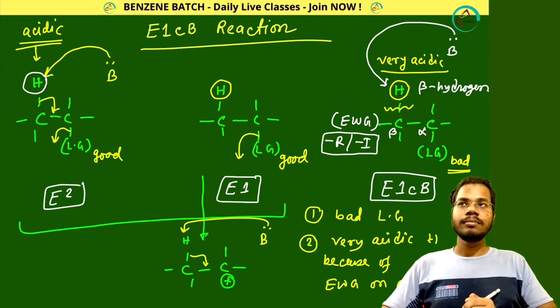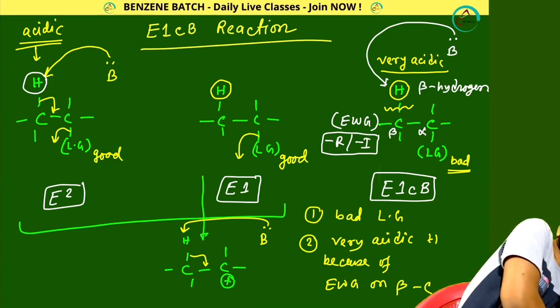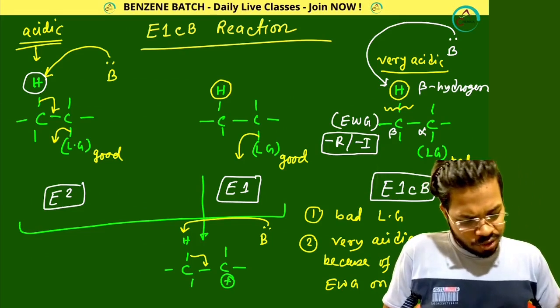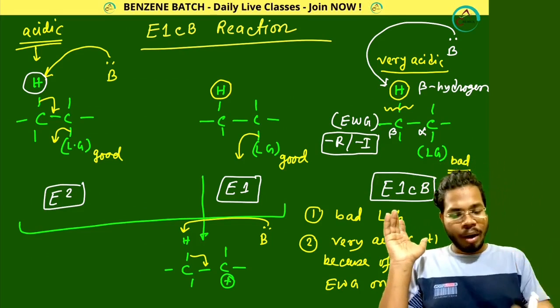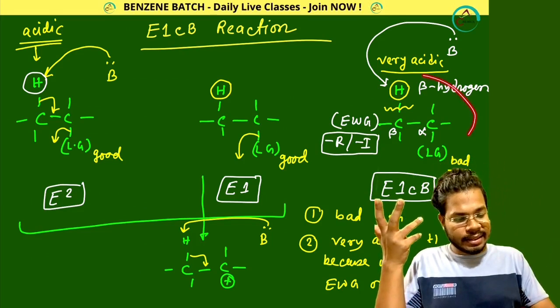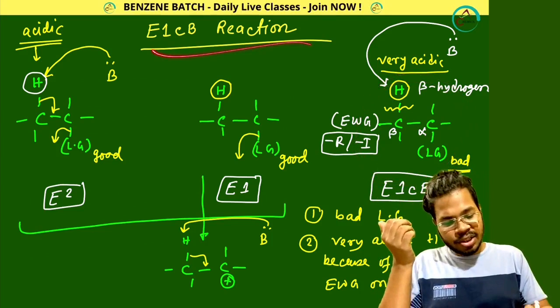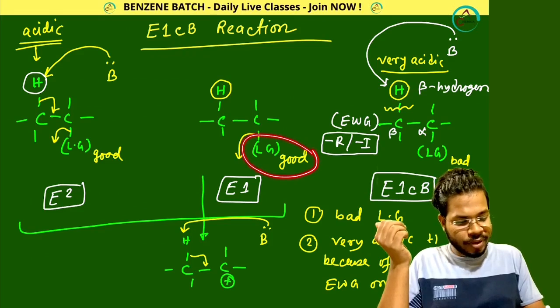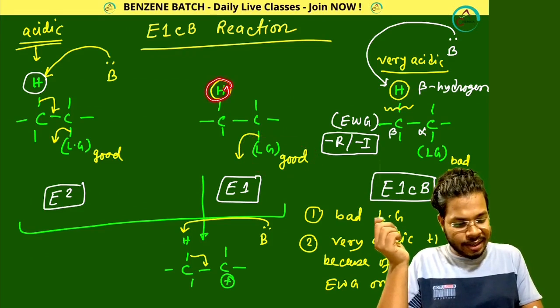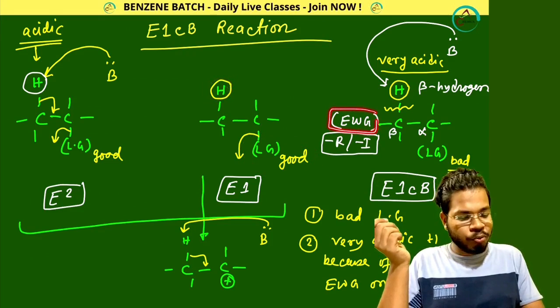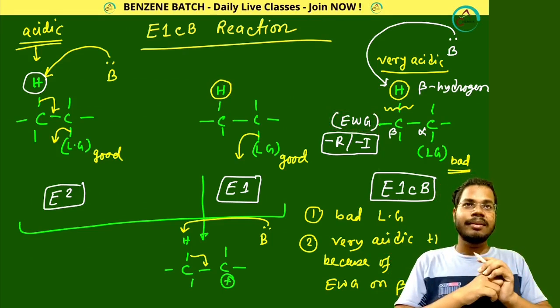Fine. So I hope you can see it this way. So that's all. That's the basic feature of this. So how do you understand that? This substrate will undergo the E1cB reaction. You just need to look at the leaving group, and you just need to look at the beta hydrogen, and at the same time electron withdrawing group will be attached to this beta carbon.